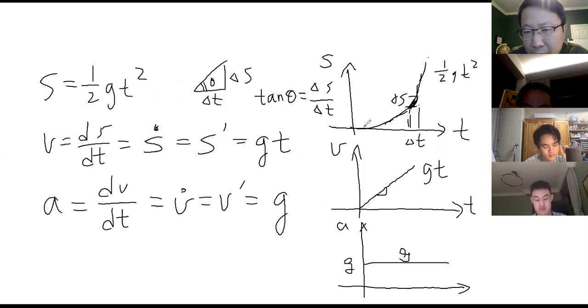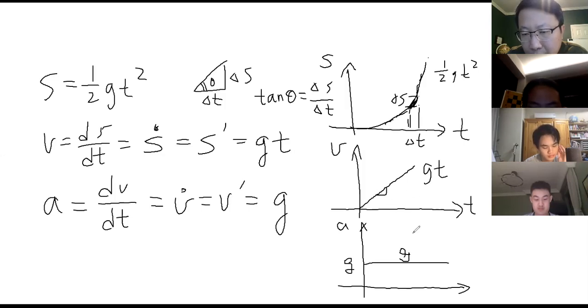The distance traveled with time is 1/2 g t squared, and at a certain time, if you want to know the velocity, you're doing this kind of slope or tangent calculation, where tangent theta equals delta s divided by delta t. That explains the derivative as a slope calculation.